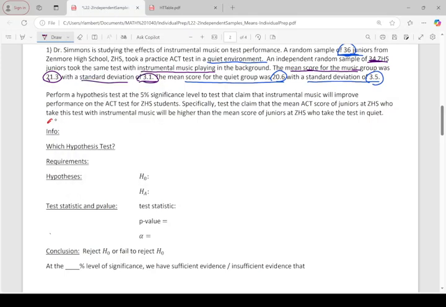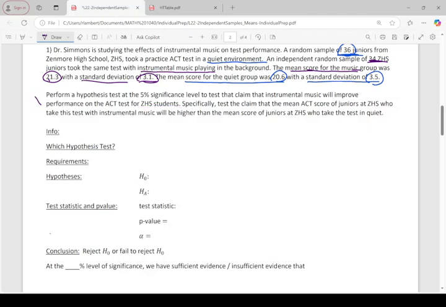I'll tell you why right now. Let's read this last bit. Perform a hypothesis test at the 5% significance level to test the claim that instrumental music will improve performance on the test for ZHS students in general, not just a sample, but for all ZHS students taking the test. Will music help them on average?